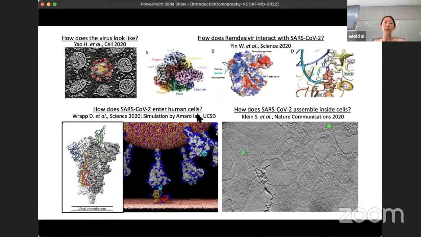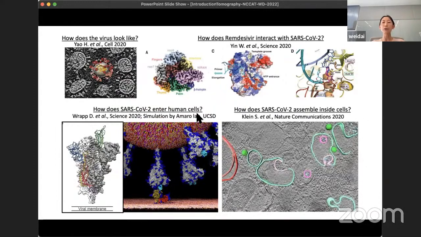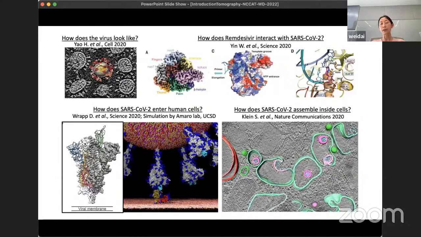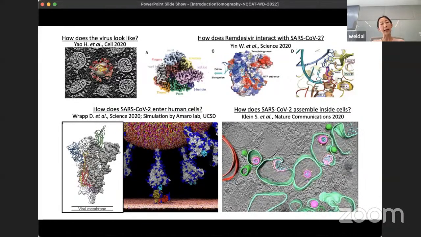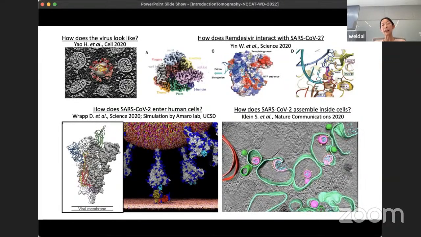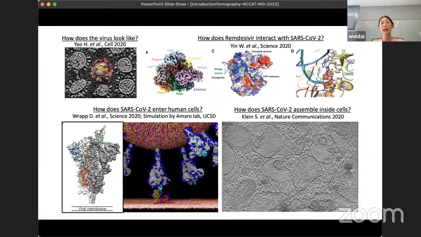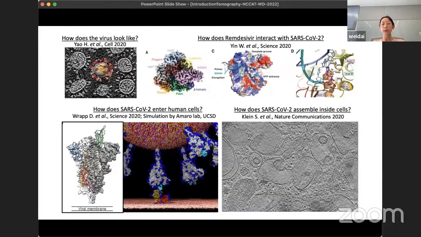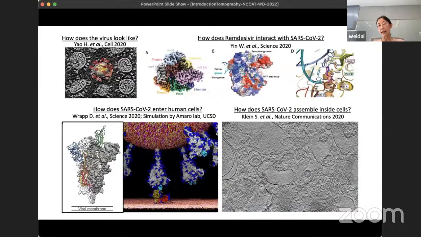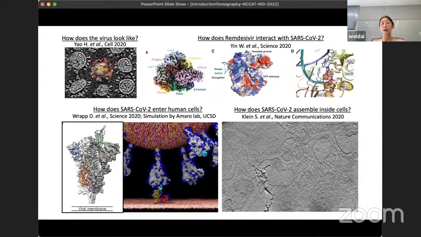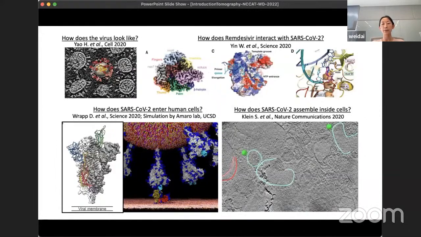So out of the 4 samples, I showed you 2 from cryo-electron tomography, 2 from single particle analysis. Both of the techniques use the same type of cryo-electron microscope. But in terms of sample preparation, data collection, data processing, they probably use very different routines.